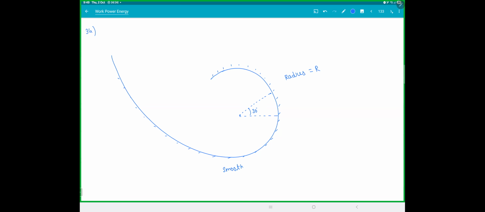This is 30 degrees. This is A. C is the topmost point. This height is h. So we have a ball here of mass m released from rest.